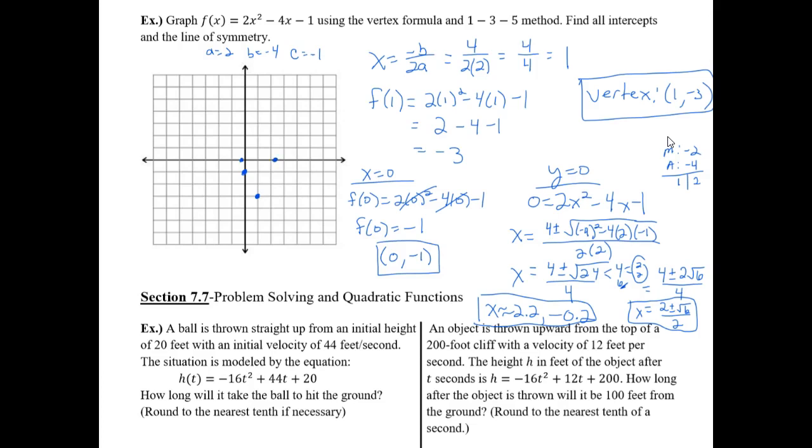Obviously this is just an approximation because I'm doing it by hand. And then this is also going to be symmetrical, so I know there's going to be a point there. And then I connect my dots. And there I go. I have my graph. And the axis of symmetry, again, just cuts it right down the middle. So in this case, it'll be at x equals positive 1.